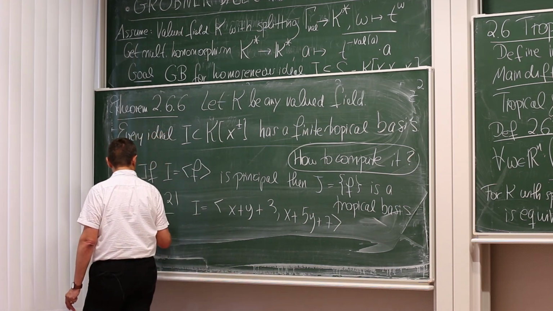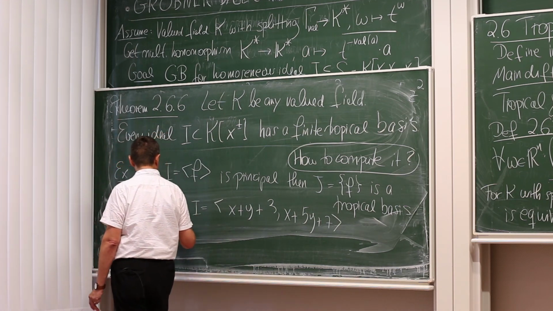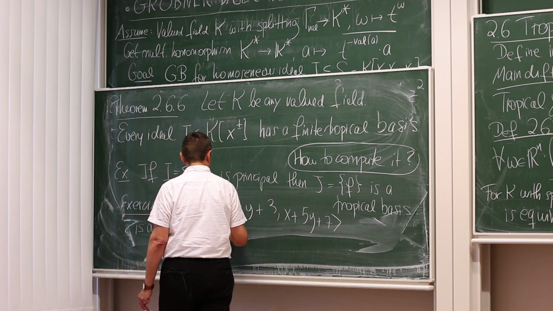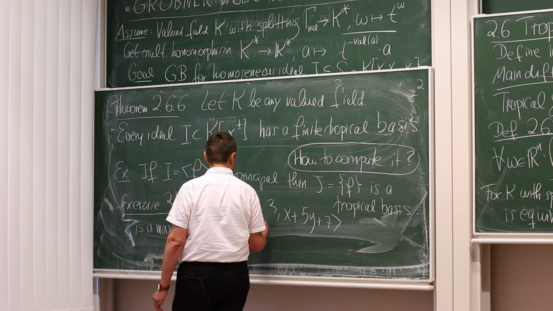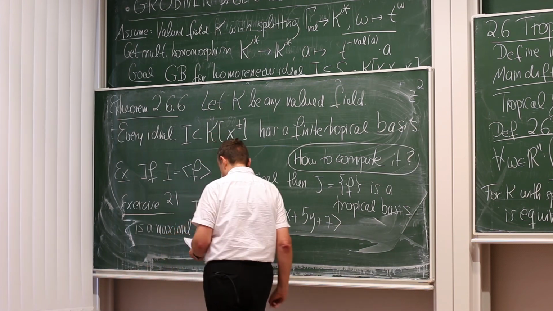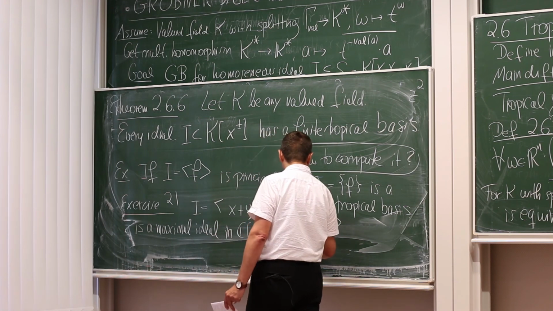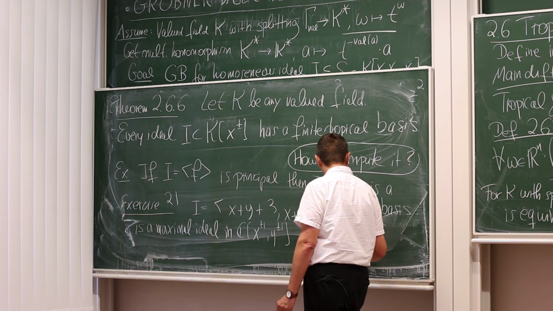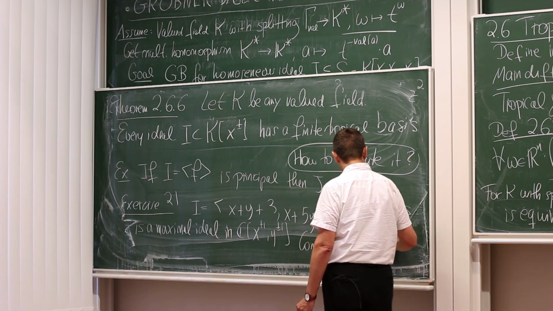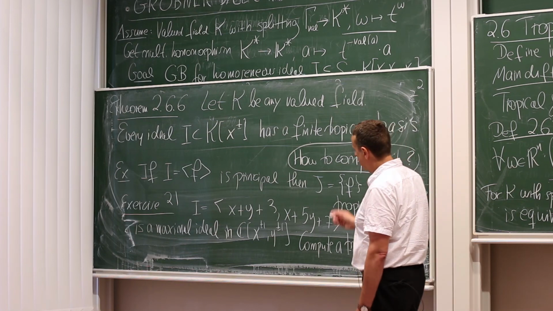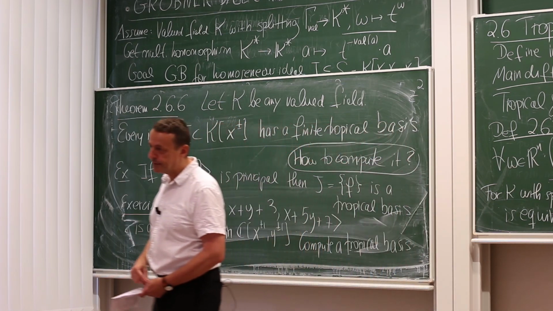This is a really nice ideal. For consistency, let's take the Laurent polynomial ring. The question is: is this a tropical basis, or how do you compute a tropical basis? This is a fairly simple object.